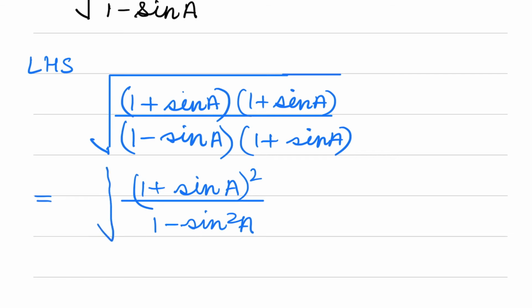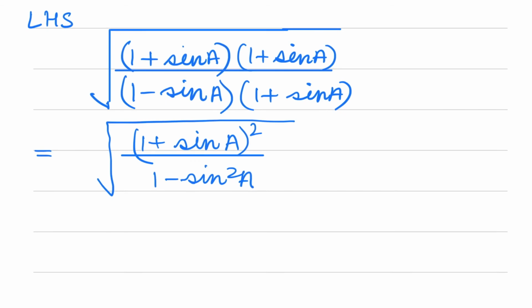So A plus B into A minus B is A square minus B square.